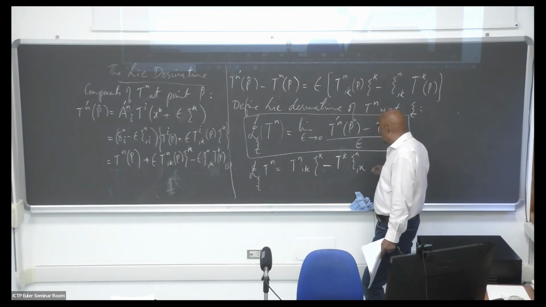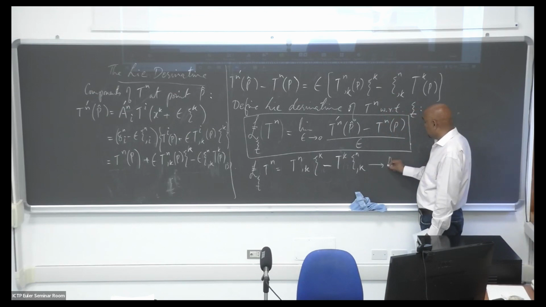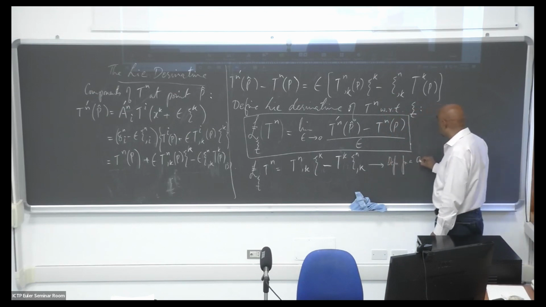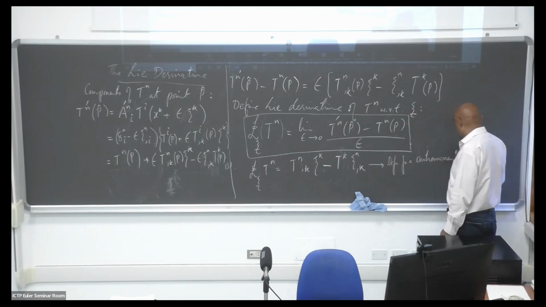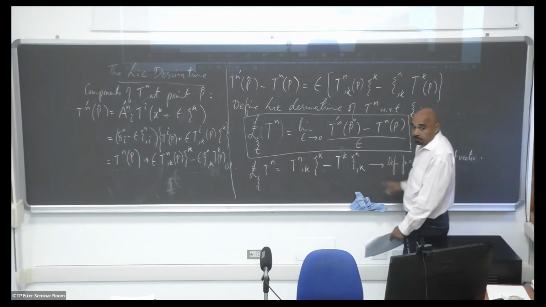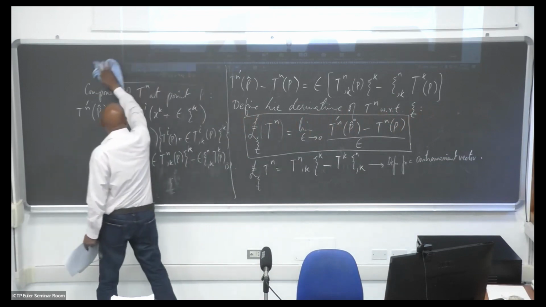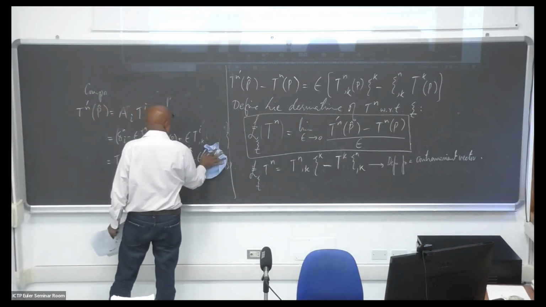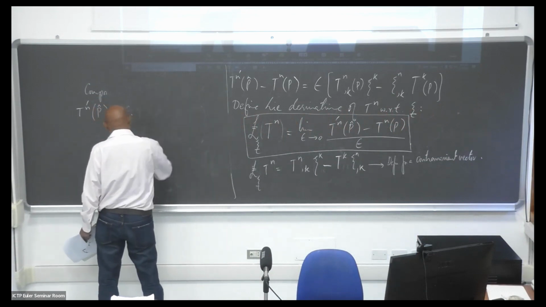So what is this? This is the Lie derivative, the definition for a contravariant vector. And similarly, we should be able to write the definition for a covariant vector and higher order tensors and so on and so forth.